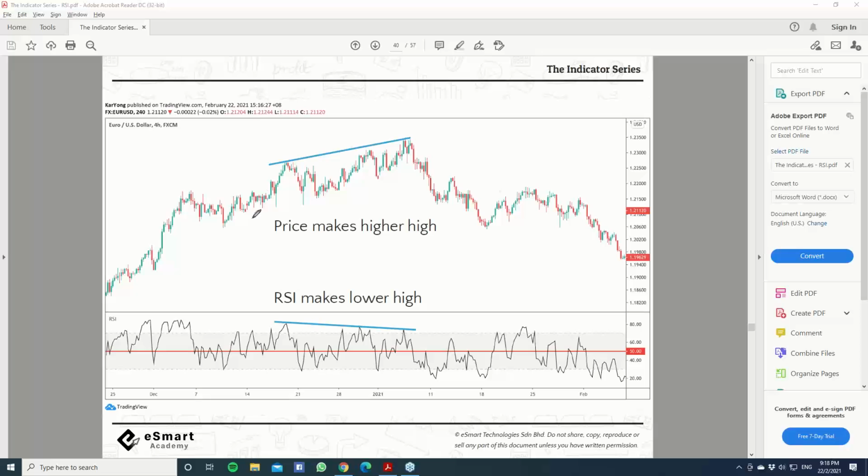Basically what it means is that while price is going up, the momentum is not building. The momentum is lacking. So it tells you that potentially there's going to be a reversal because the momentum is not there. So this is how regular divergence looks like. Price goes up, your RSI actually comes down a little bit.